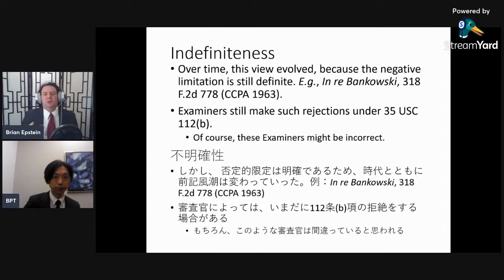Still, you will see examiners make these rejections under what in modern times is 35 USC 112(b). These examiners might be incorrect, but they're still allowed to make this rejection, and you still have to address this viewpoint.